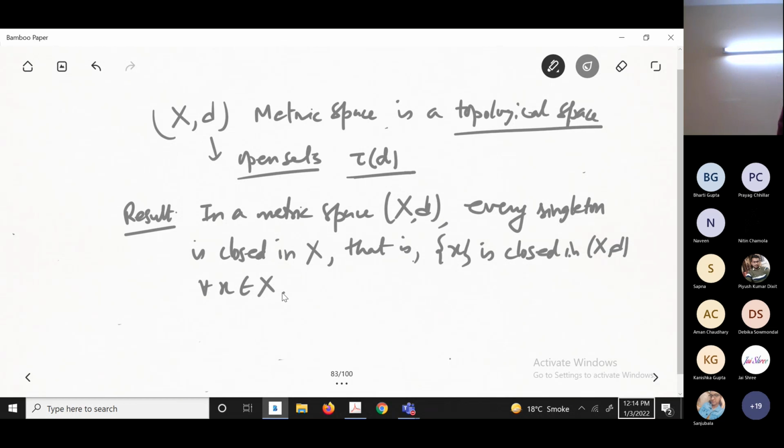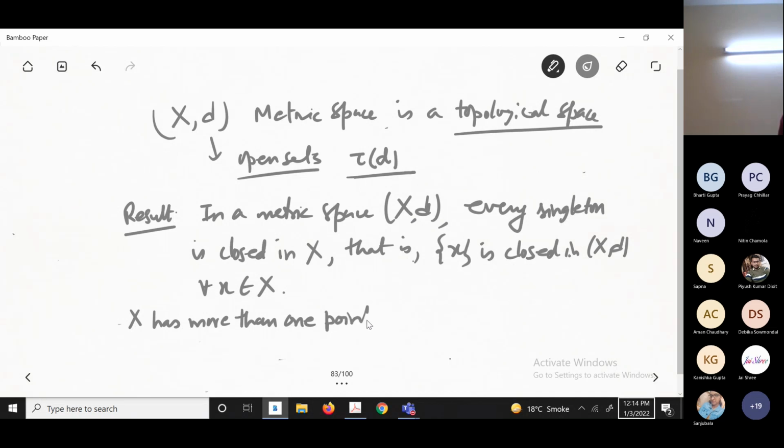Now you see that suppose X has more than 1 point. Look here, I have given that example.